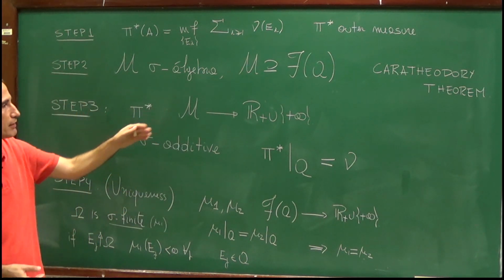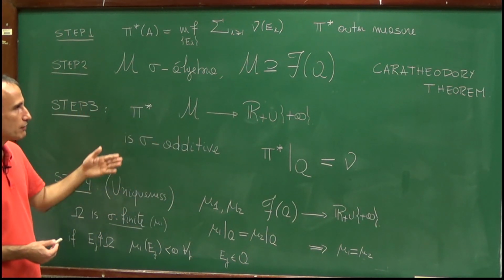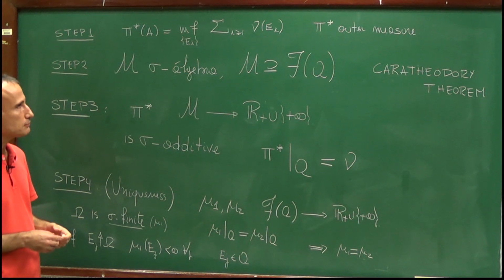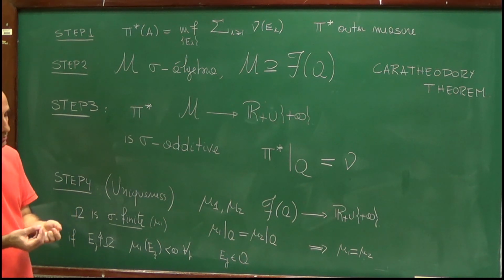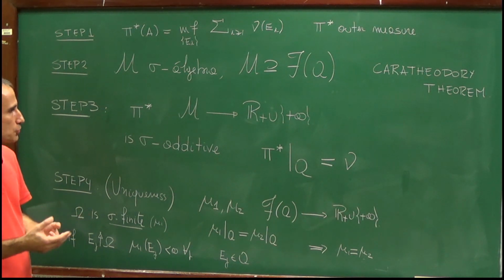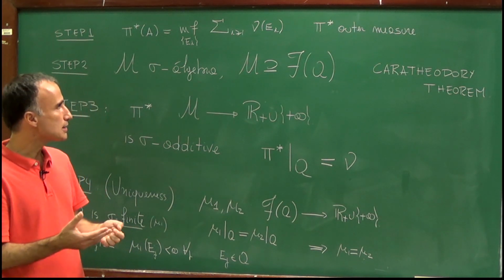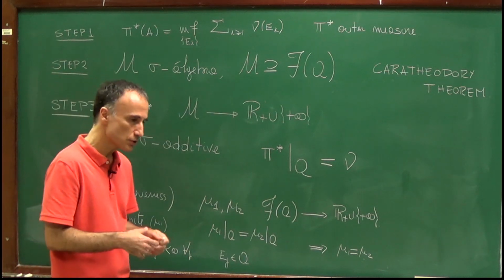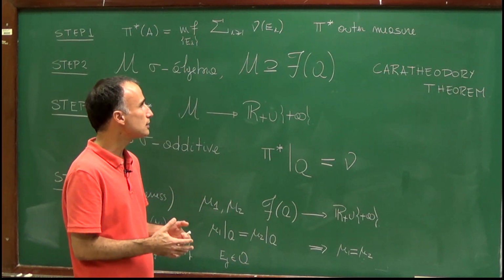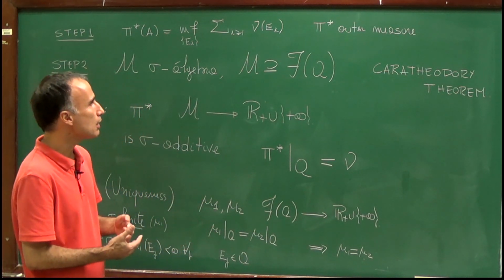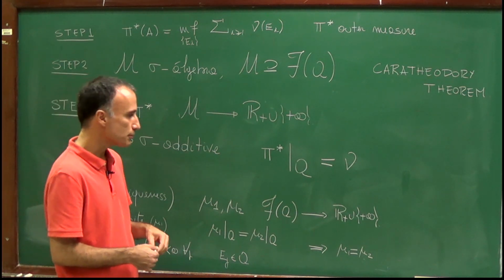And now with Caratheodory's theorem, we have a way to extend this function which is sigma additive in an algebra to a function which is sigma additive in the sigma algebra. And in the next lectures, we will start to extend this measure to an even larger set.